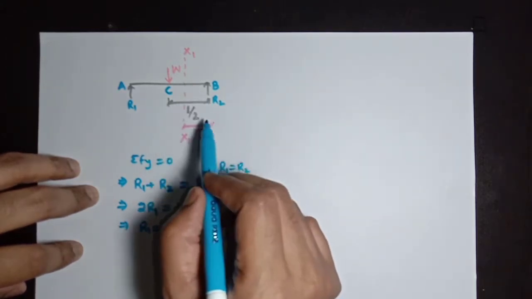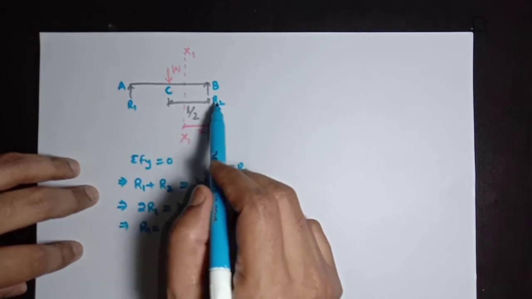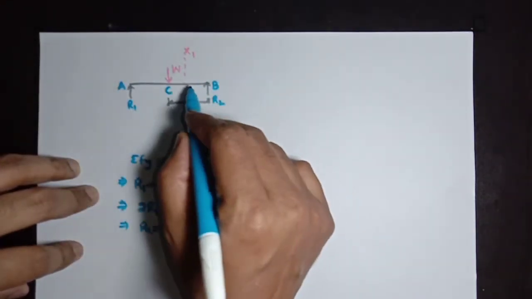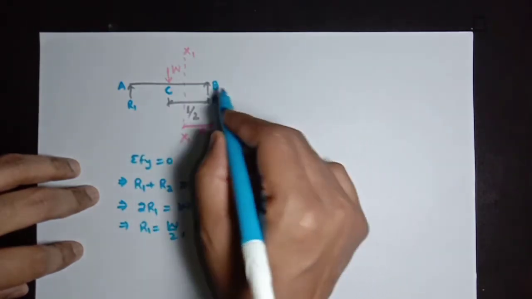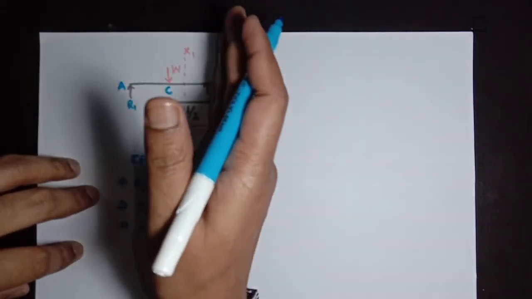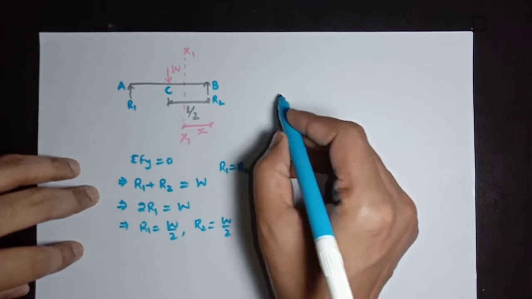Now bending moment at a distance of x from point B, we can take a free body diagram from right of section XX, x1.